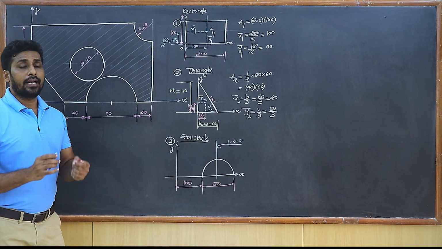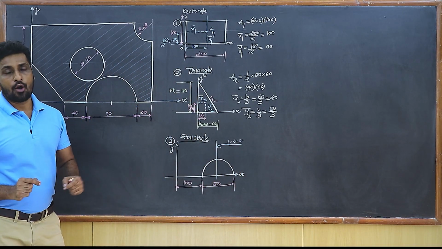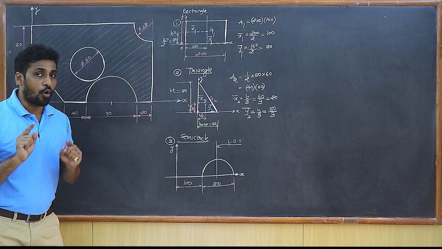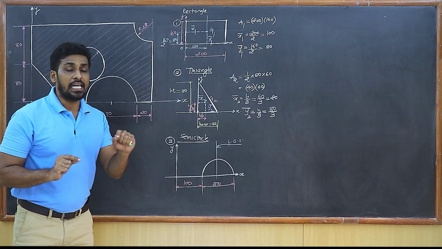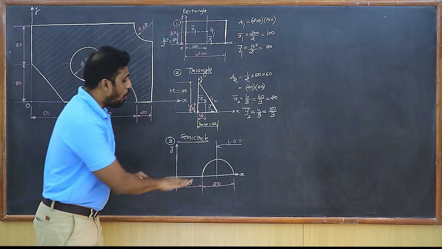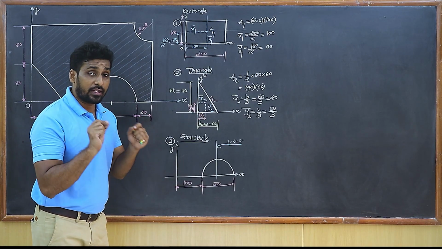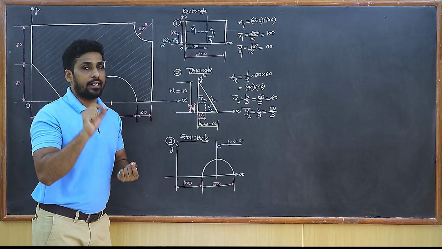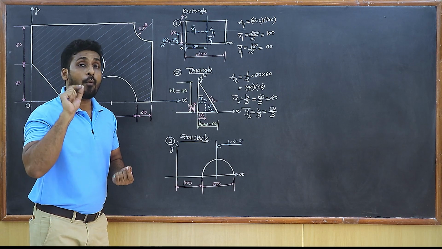Now we know that the centroid is definitely going to lie on the line of symmetry, and moreover for a semicircle we remember the formula. The centroid lies at a distance of 4r upon 3 pi from the diameter. So wherever the diameter is, you identify the diameter, and from there you locate the centroid at a distance of 4r upon 3 pi.